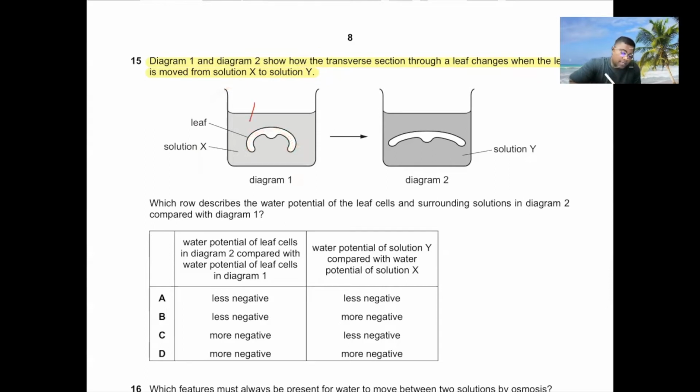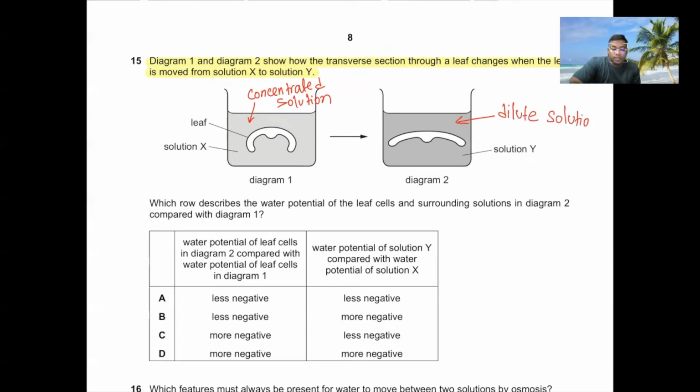So we can say this is a solution with low water potential, a concentrated solution. We can understand that, obviously. And this is a dilute solution, because we can see solution Y allows the leaf to be turgid. So this is a dilute solution.